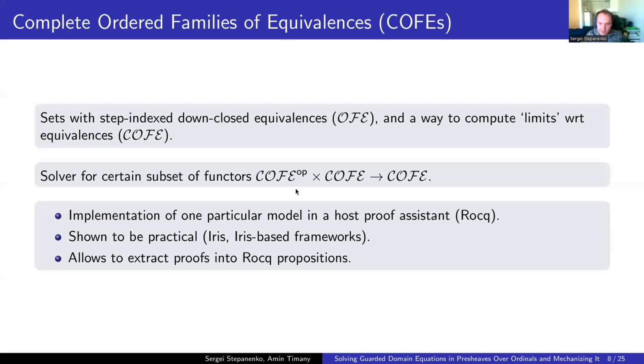And moreover, since it's implemented on top of an existing proof assistant with more or less clear semantics, it is easier to extract something that is deemed to be an understandable proposition. For example, in Iris, you can prove something using Iris proof mode, and if it's a pure proposition, you can extract it back into the Coq world.